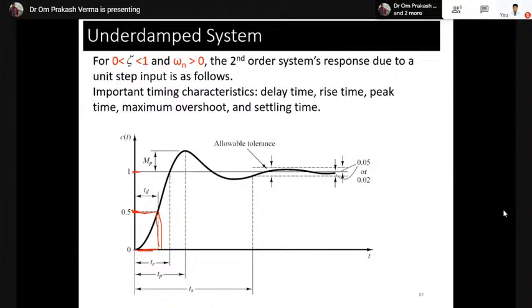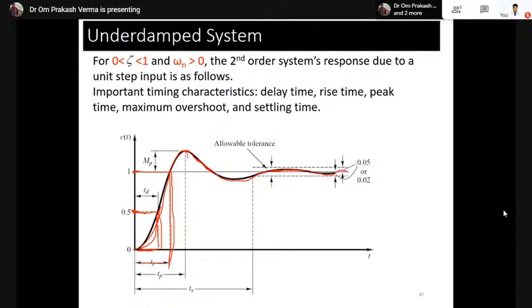Now the rise time is the time taken to achieve 100% of the final value. Not the peak time. Peak time means the response is going like this, crossing your desired value, the set point, and then after some peak value it will start reducing, and then again settle towards your set point.